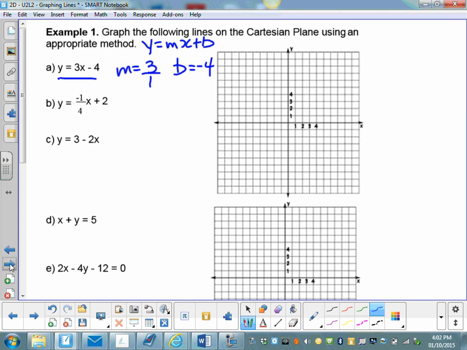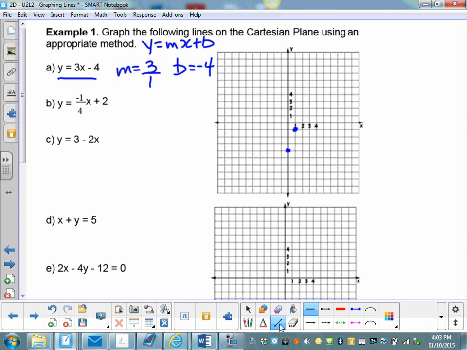So remember, when we know the slope and the y-intercept, we start with the y-intercept. So I'm going to put a point on the y-axis at negative 4. And then I count the slope from that point. So it's a rise of 3, 1, 2, 3, and a run of 1. So there's my second point there.